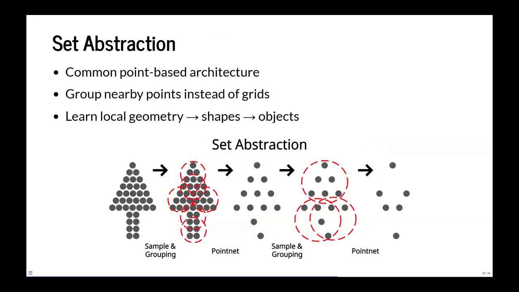A common point-based model is called set abstraction, which was first described in the PointNet++ algorithm. What this does is it groups nearby points, and it learns the local geometry and shape by subsampling these different points within the point cloud.